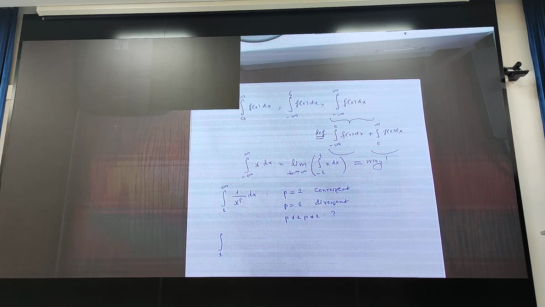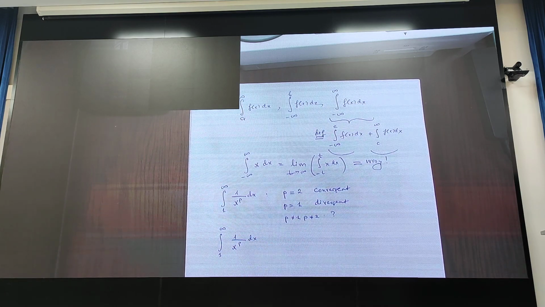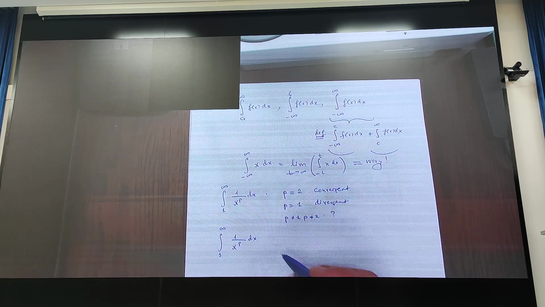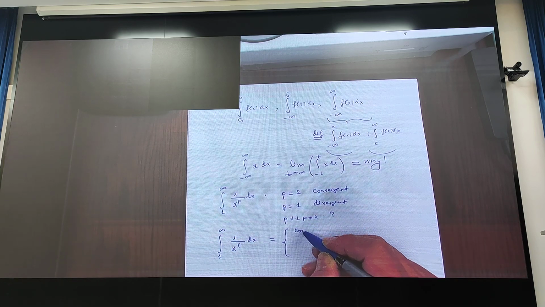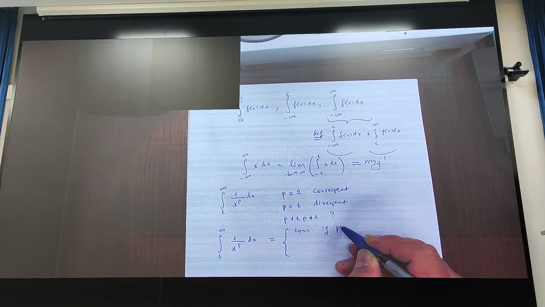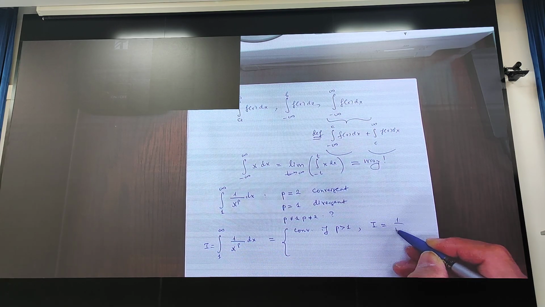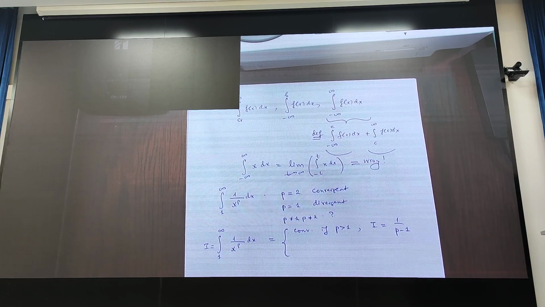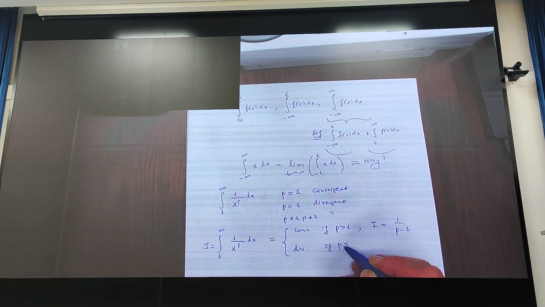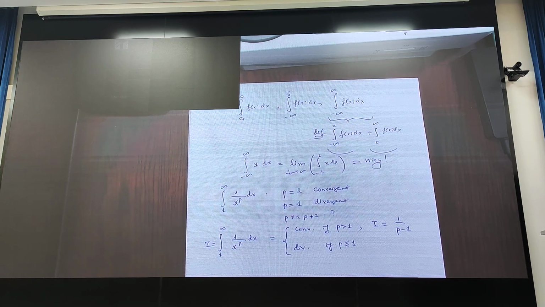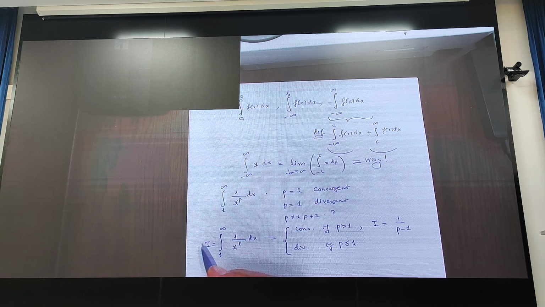So then you have the result: the integral from 1 to infinity of 1 over x^p dx is convergent if p bigger than 1 and equals 1 over p minus 1, and divergent if p less than or equal to 1. So this is a very interesting result. We can write I_p, for example, here.